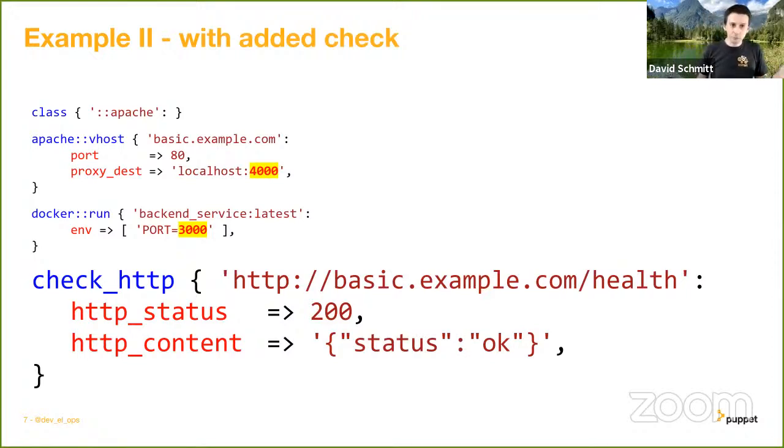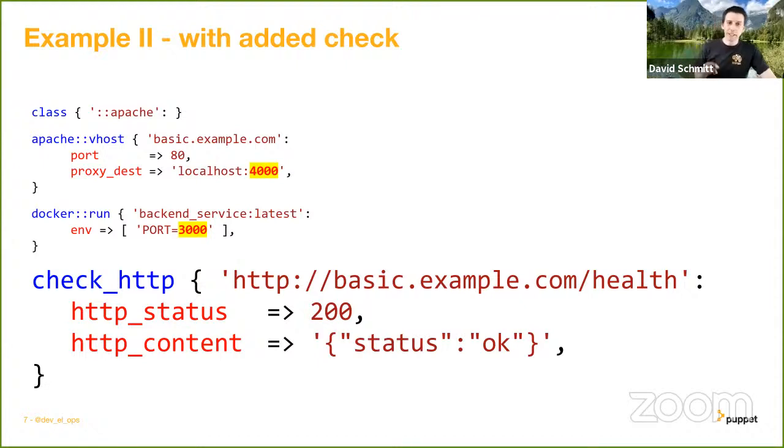What if we could add a check resource into that catalog that right then and there checks that the configured web service is alive and kicking and returns the proper status from its health check endpoint? This check resource here is currently mostly vaporware, but we have good people working on actually implementing this at the moment.